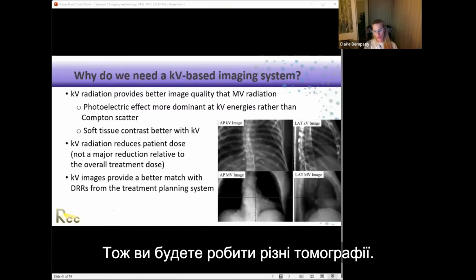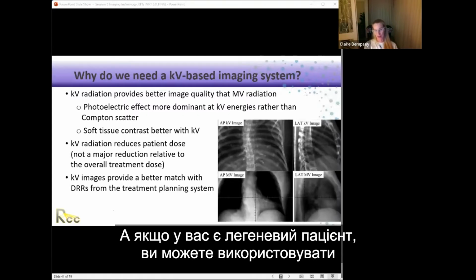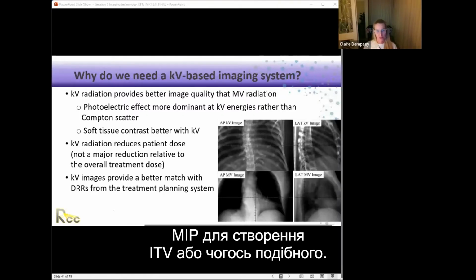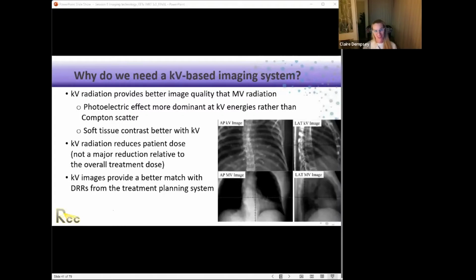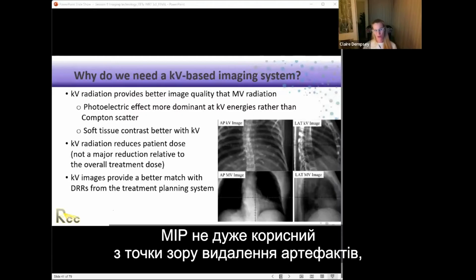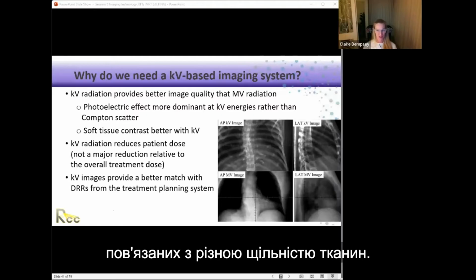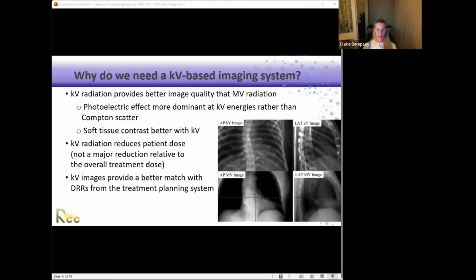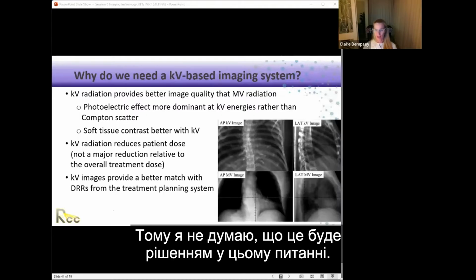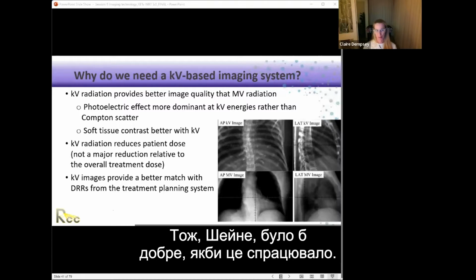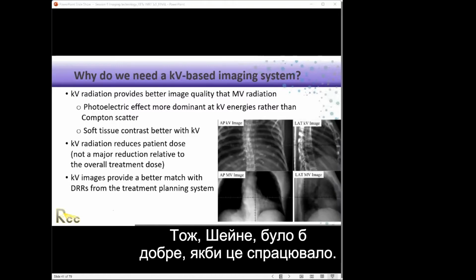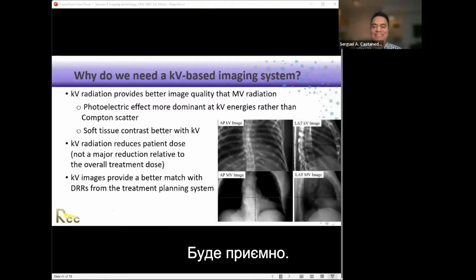You'd have your different CT scans, and if you've got a lung patient, you might use MIP to create your ITV or something like that. MIP is not super useful in terms of removing artifacts based on different tissue densities. So I don't think that's going to be a solution in that issue. So shame, it would be nice if that worked. It would be nice. It's an answer for a different question.